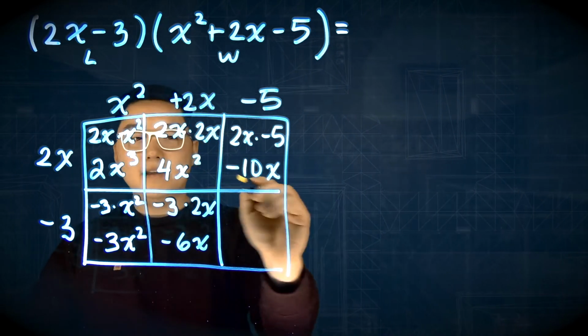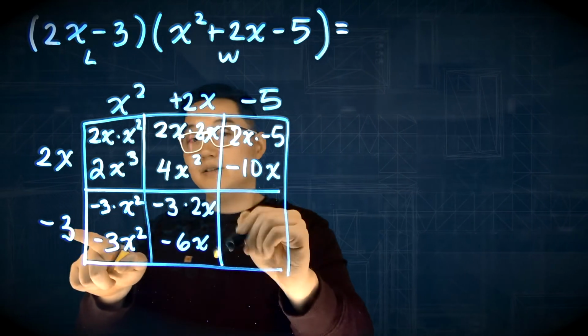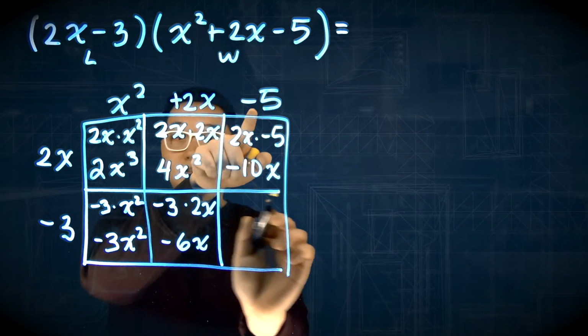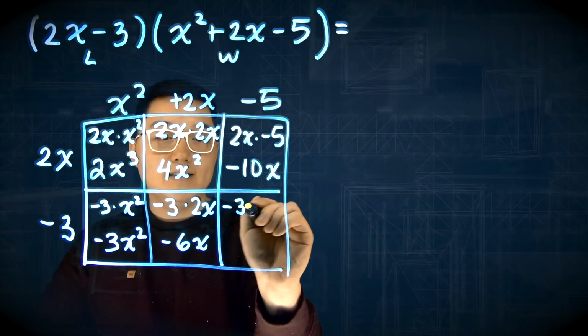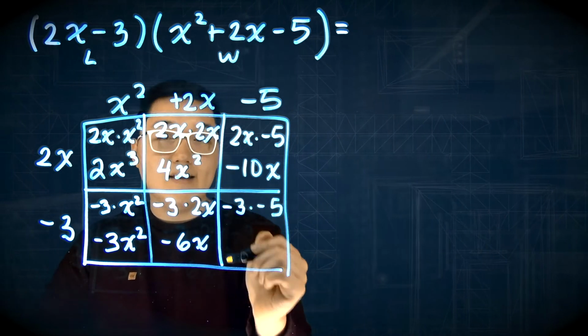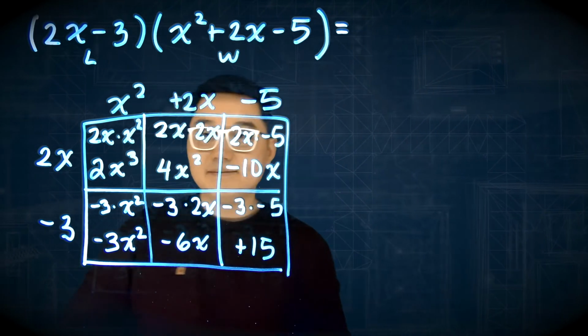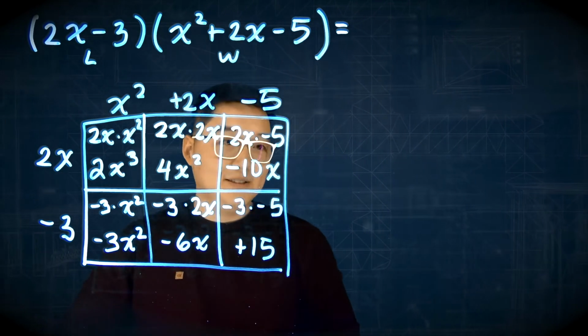And lastly, what about this section of the rectangle? That section has -3 as our length and -5 as the width. -3 times -5, when you multiply two negatives, gives us a positive 15. So let's go ahead and add them all together.